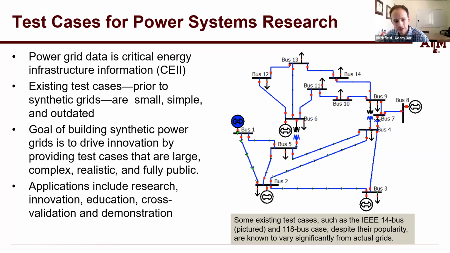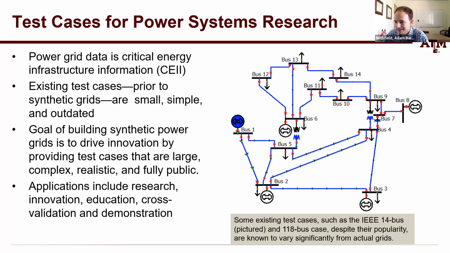If you read the literature in the power systems area, IEEE journals, you're going to see a lot of papers which prove various algorithms and methods and do demonstration test cases on the IEEE 14 bus case or 118 bus case and some other ones like that.